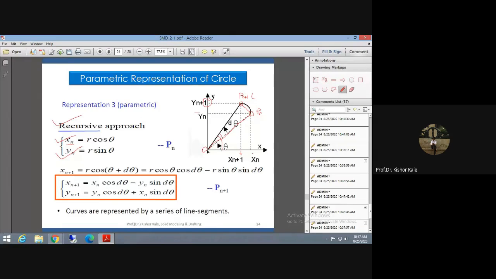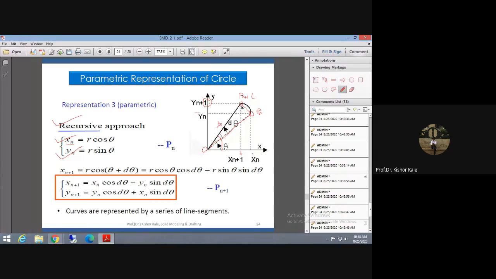So what will be the angle made by this line O to Pn plus 1, the radius of this circle, with respect to the x-axis? Theta plus d theta, exactly. The angle would be theta plus d theta.